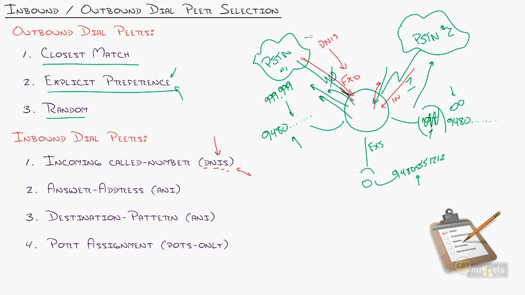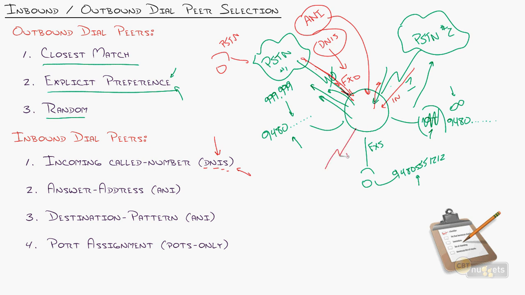But it does not know what number somebody dialed out on the PSTN to actually get to that FXO port. You follow me? I'm not talking caller ID. Caller ID is called ANI, Automatic Number Identification. So on FXO ports, we do get ANI because that's how we're able to tell who is calling. That's our caller ID information. But on FXO, we don't get what number they actually dialed to get to us.